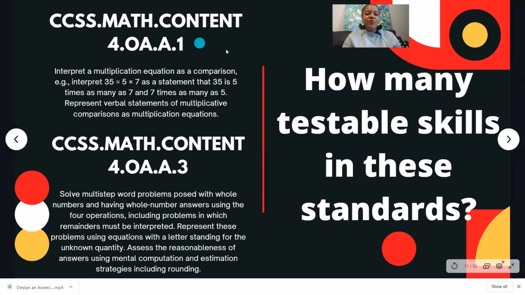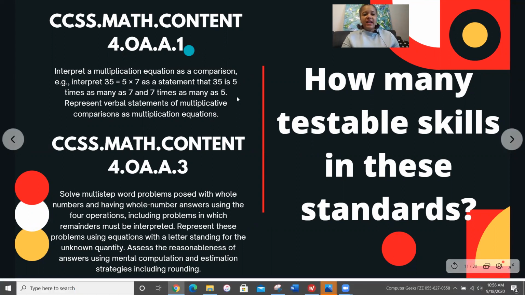Now, let's look at this real quick. This is grade 4 math. So here is a standard. Which one is readiness? Which one is supporting? Hopefully you said that 4.OA.1 is a supporting. Look at that verb. It's interpret. What is it asking to do?